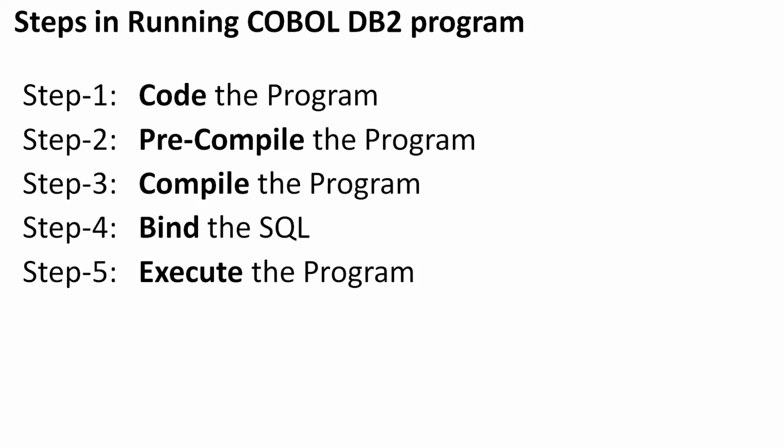So in the second step, we separate the COBOL code and SQL code. In the third step, we do compilation for the separated COBOL code. Then we get the load module in the third step. In the fourth step, for the separated SQL statements, we do bind. Bind means it will generate the executable SQL component that is called the plan.